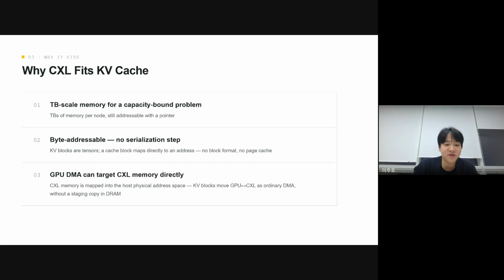And the last one, GPU DMA can target CXL memory directly. CXL memory lives in the host physical address space, so KV caches can move between GPU and CXL as ordinary direct memory access with no staging copy in DRAM.